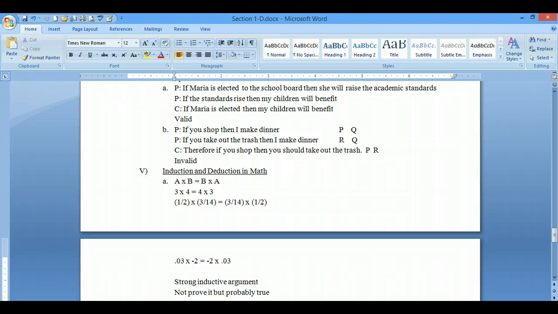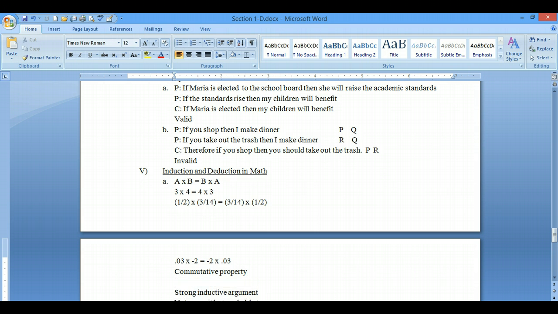Also true. So what I've shown is that with variables at the top, A and B, whole numbers, 3 and 4, fractions, 1/2 and 3/14, decimals and even negatives in the last premise, all of these are very specific examples for the commutative property of math.